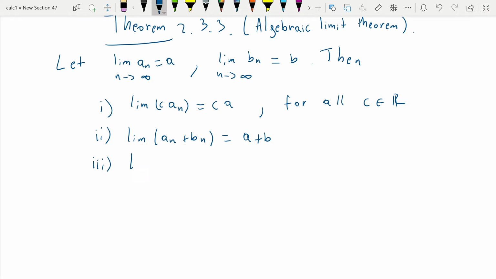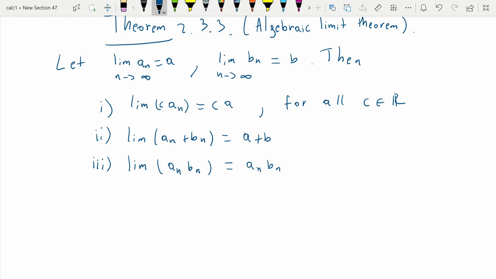The third thing is that the limit of the product is the product of the limits.